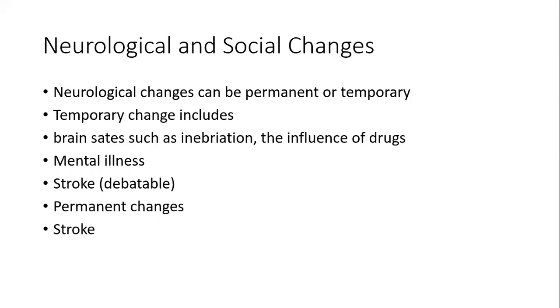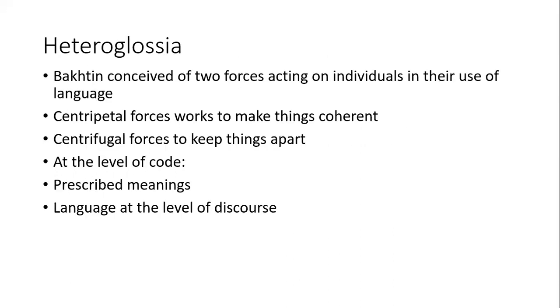So it is debatable whether it's permanent or temporary. But why do we keep this in mind in textual variation? Because if you are comparing a text of someone who has been through a stroke, you cannot blame the person, because the text might be completely different from what he or she wrote before the stroke. A text from 6 or 7 years back would be significantly different from the text they write now.